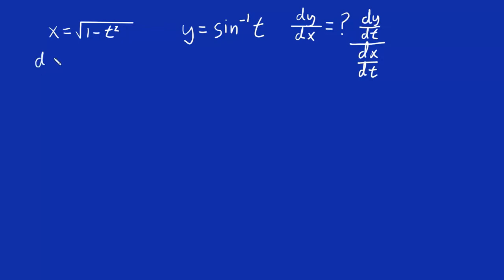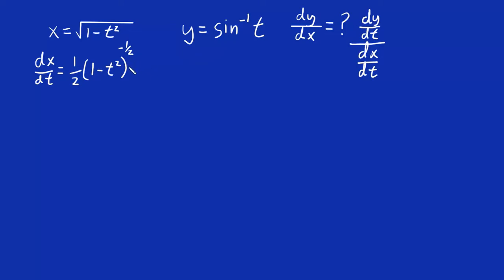So we have dx/dt, and that's equal to 1/2. We're bringing the power out in front because this is raised to the 1/2 power. 1 minus t squared, and then we bring the power down by 1, I'm sorry, reduce the power by 1, and that becomes a negative 1/2.